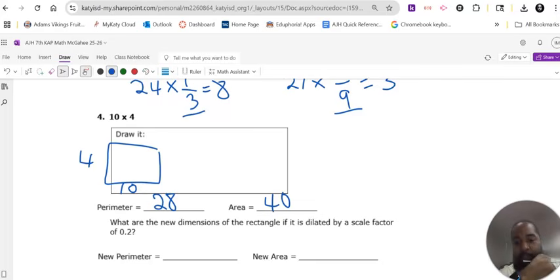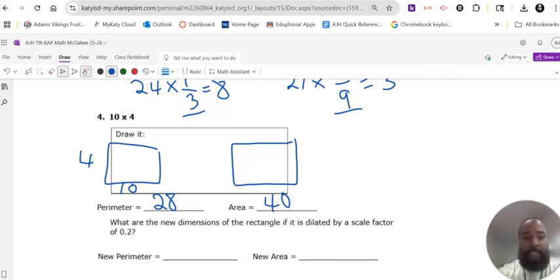If my scale factor is 0.2, that's the same as 1/5, right? So these numbers are not the most friendly. So what could I do to make these numbers work for me? I might have some decimals, and that's okay too.